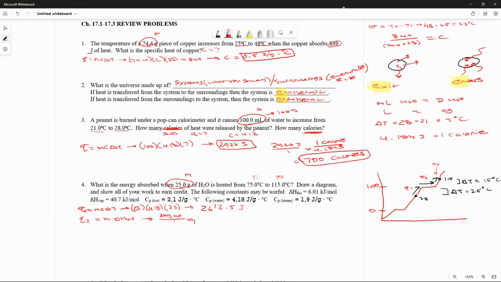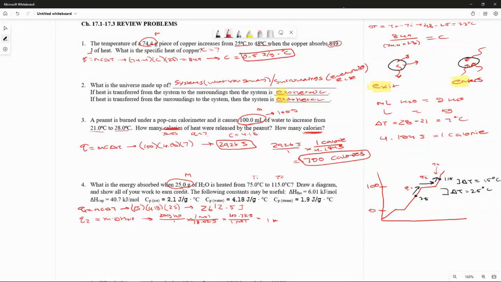We have 18.02 grams per mole of water. And then each mole, 1 mole, this is the important part. So on our givens, we know that the delta H vap is 40.7 kilojoules per mole.